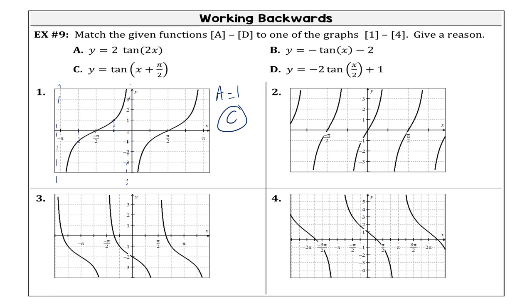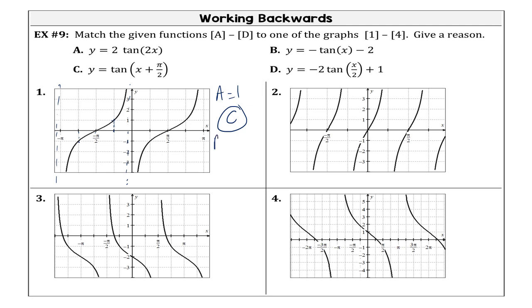From there, we can double check and make sure everything else adds up. We know that there's no horizontal dilation, but there is a phase shift, and our phase shift causes us to shift to the left pi over 2. It used to be at negative pi and a half, now it's at negative pi. That checks out.